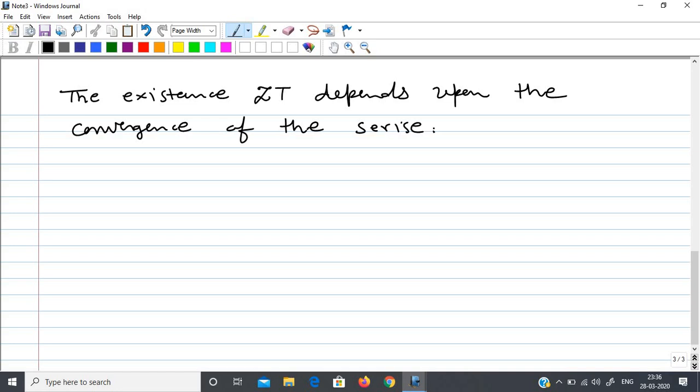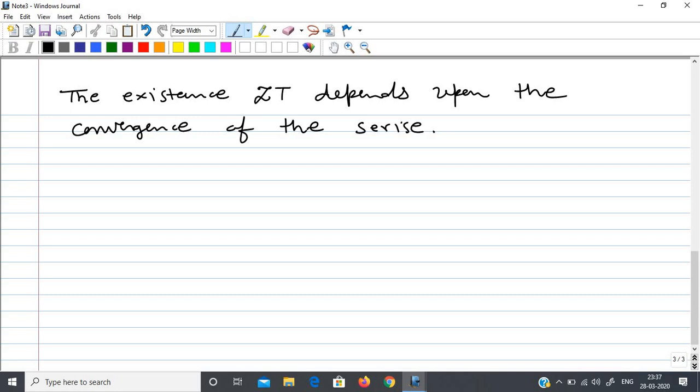If this series converges, then we say the Z transform exists. And if this series does not converge, then we say the Z transform does not exist. Number two, this series is a series in z. It may happen that for some values of z the series is convergent, and for some other values of z this series may not be convergent.